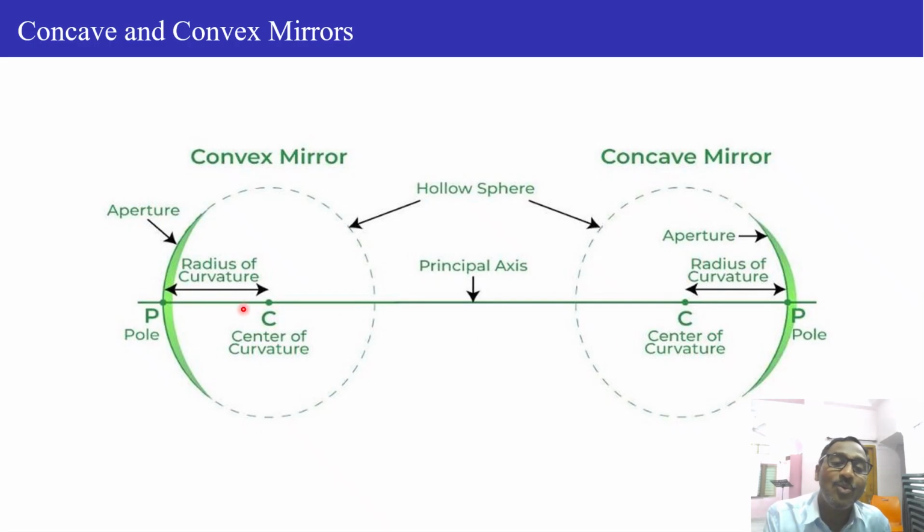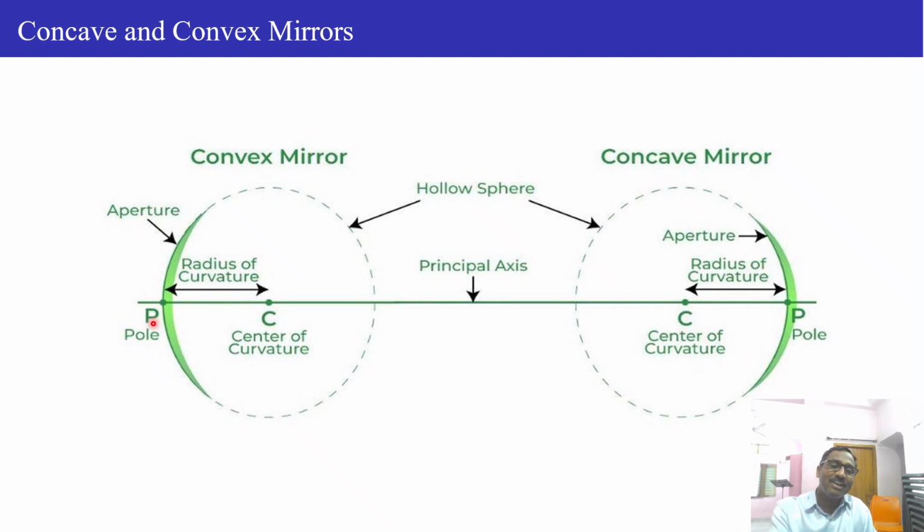See here, what is the difference between a convex mirror and a concave mirror? Here the outer surface is a reflecting surface. This is in front of the mirror. So this is the front side of the mirror. Here you can see, in front of the mirror, you have the center of curvature.